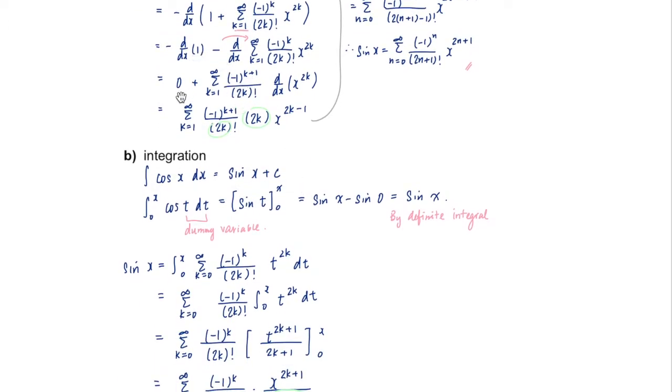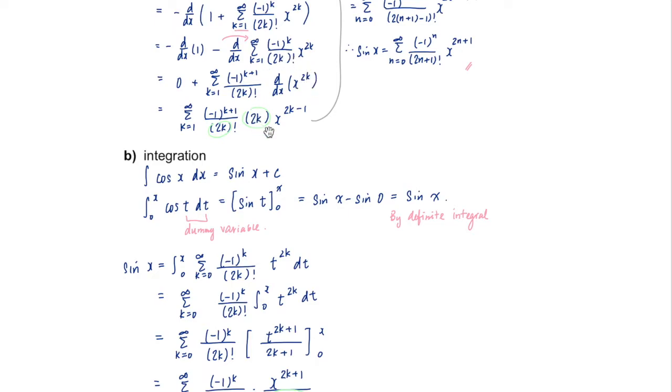So here the first term becomes 0. And then I am taking the derivative of x to the power of 2k, and the rest of the expression remains intact. When I take the derivative of x to the power of 2k, so 2k here is a number, right?